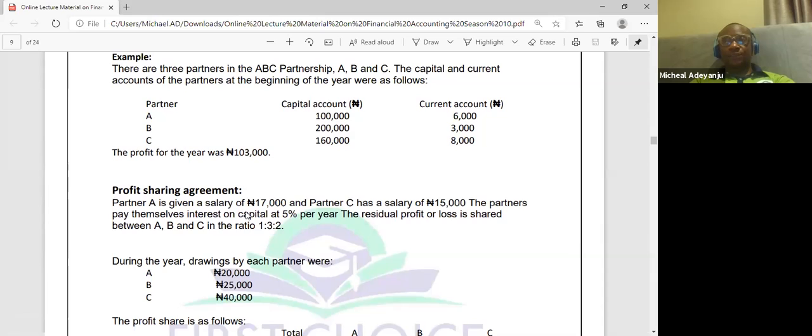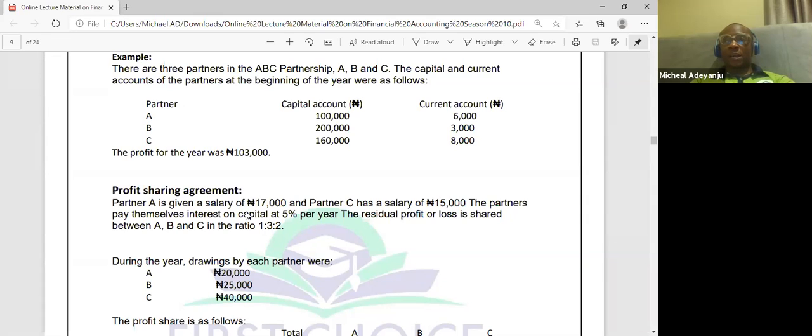There are 3 partners in the ABC partnership, A, B, and C. The capital and current accounts for the partners at the beginning of the year were as follows. Partner A has 100,000, partner B 200,000, and partner C 160,000 naira worth of capital.